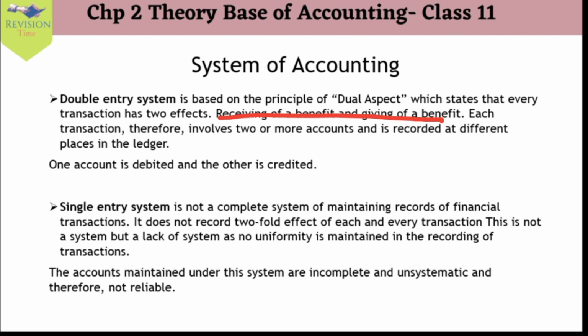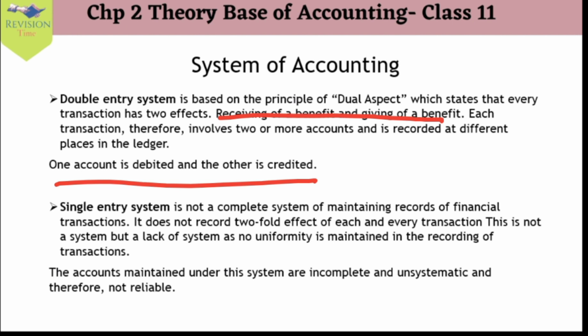In each transaction here, two accounts come into contact, that is one purchase account, the other one is cash account. So it involves two accounts and is recorded at different places in ledger. One account is debited and the other account is credited. This is about dual entry system.